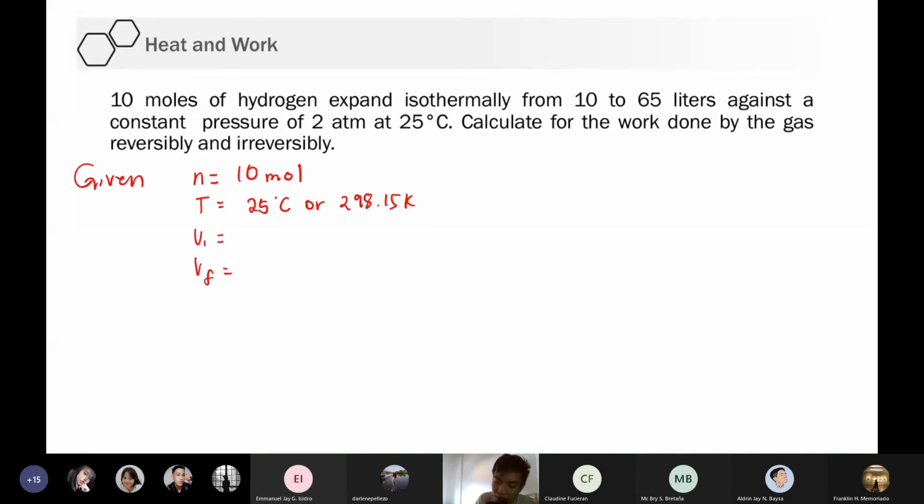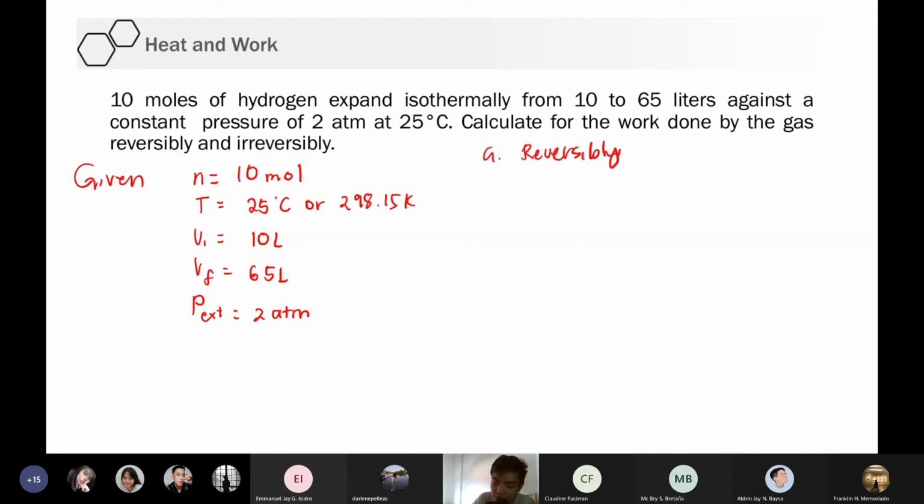Okay, so 10 liters to 65 liters. And then pressure. Ang binibigay na pressure mostly is the final pressure. Okay. P external. Constant pressure, 2 atm. Now, calculate natin A reversibly.